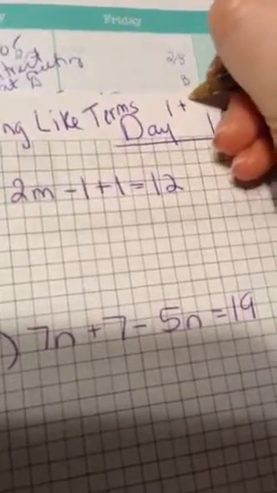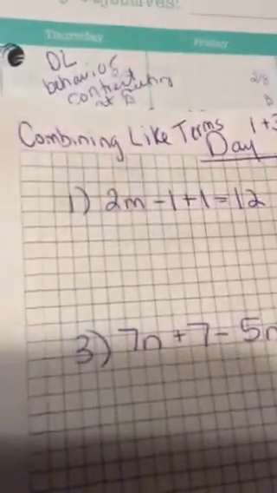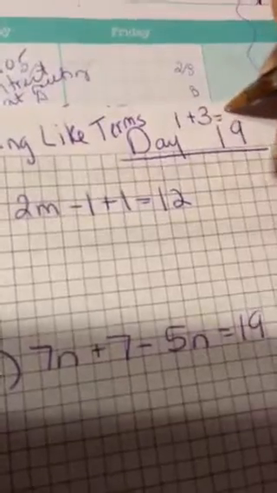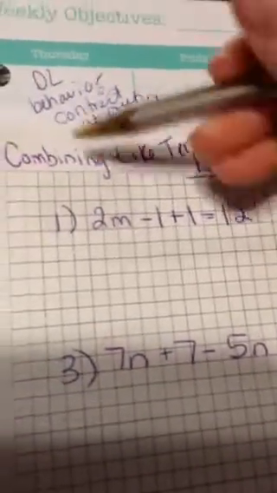So a like term is something like the number 1 and the number 3. I'm not going to say I have one apple and I have 3 apples. I could just say I have 4 apples. So we just combined the 1 and the 3 and made it a 4.